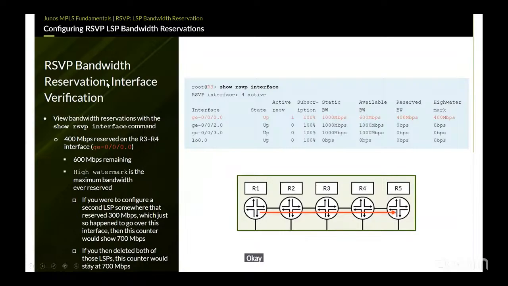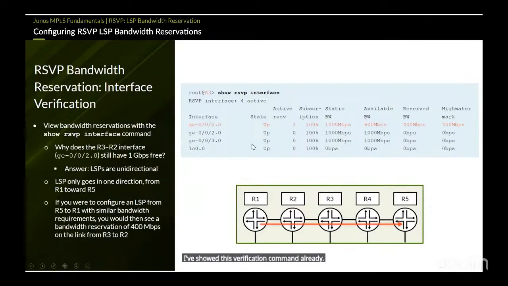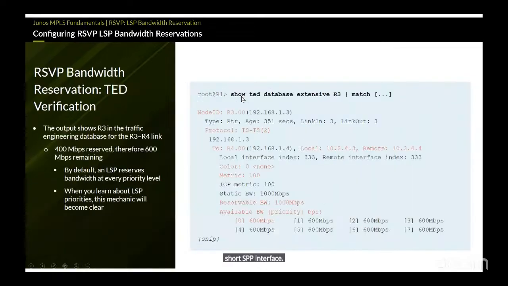RSVP bandwidth reservation interface verification: show rsvp interface. I already showed this verification command. Show ted database extensive on R3. You can also check from the TED database.